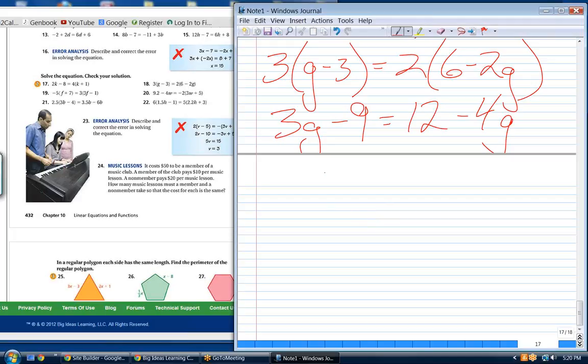And then you combine them and get negative 21 equals 7g. Okay. How'd you get negative 21? You subtracted 12 from both sides.